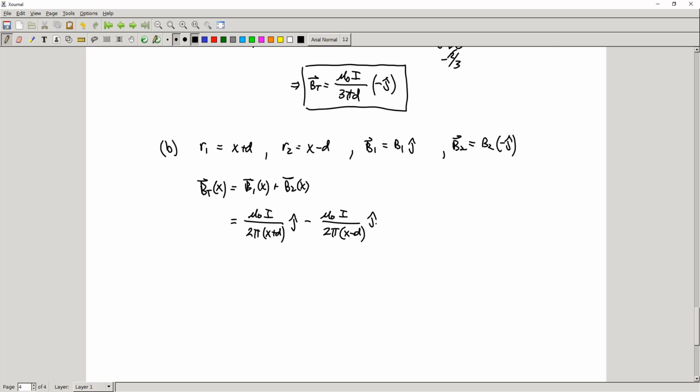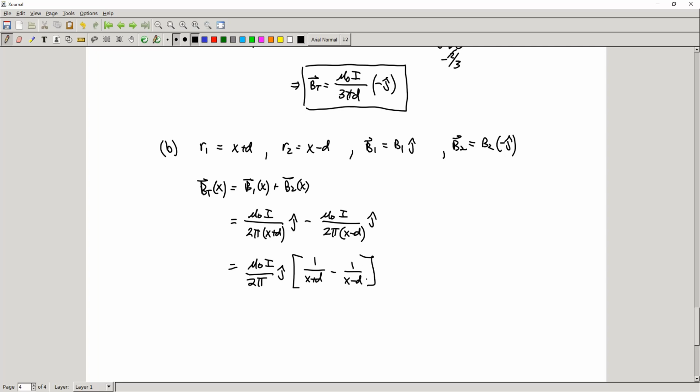Okay, we can clean this up a little bit. I'm going to move our mu naught I over 2 pi and our j hat over here, and then we're going to have a 1 over x plus d minus 1 over x minus d.